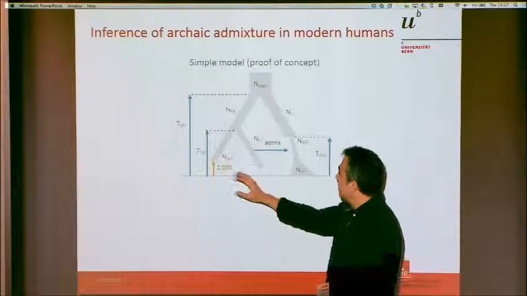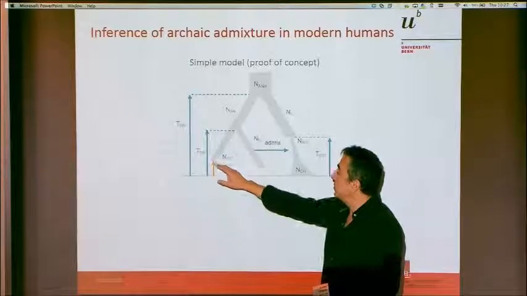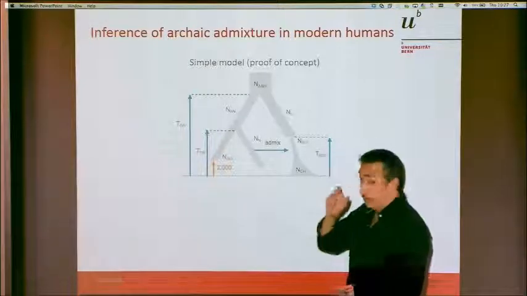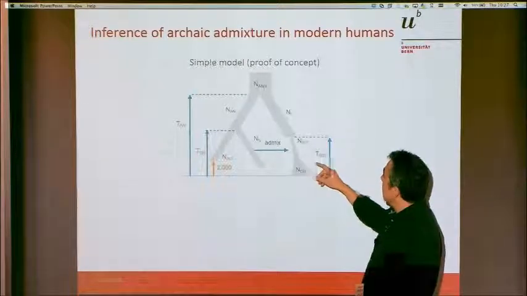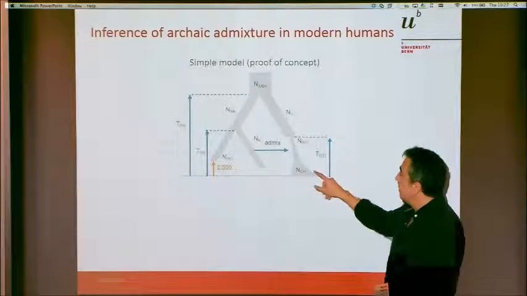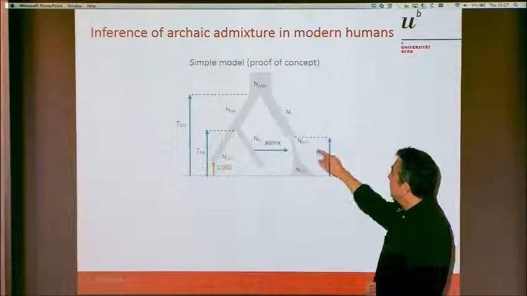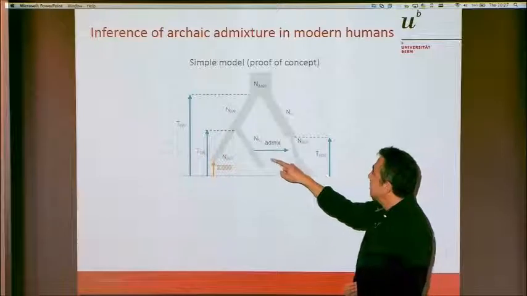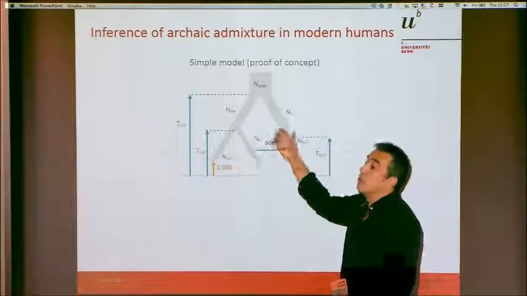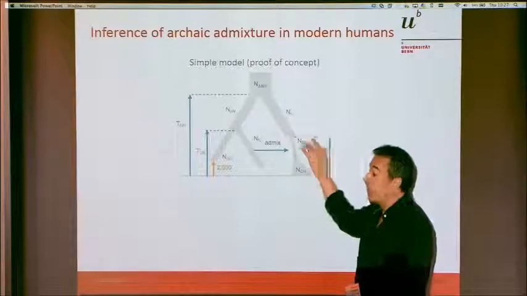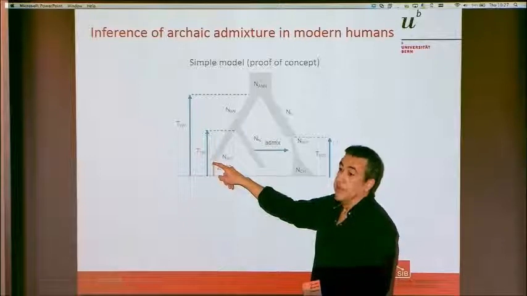So we have samples from this Neanderthal Altai, so one individual, inbred, and we have a scenario where we have a Eurasian population that would have gone through some kind of expansion some time ago after going through a bottleneck, and this population would have been admixed from some potentially unsampled archaic population that would have diverged some time ago from this Altai Neanderthal.